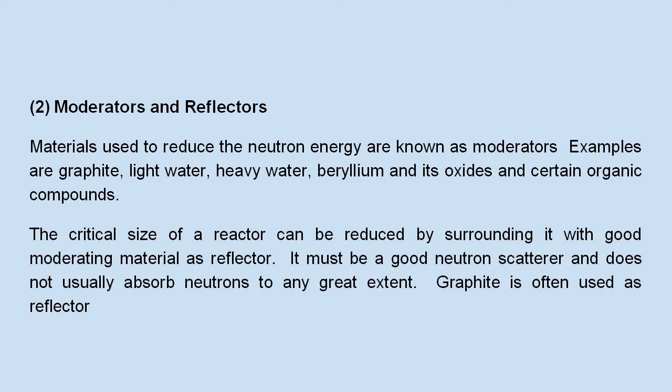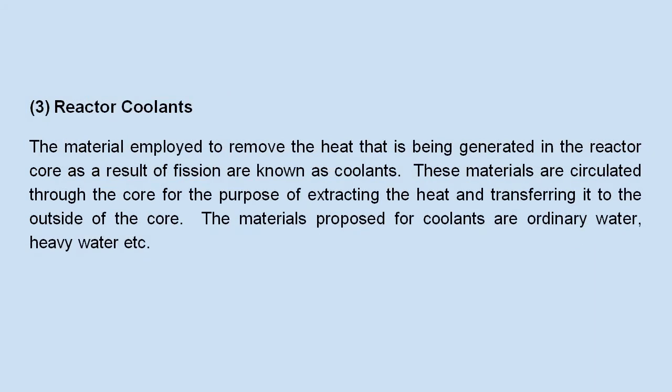So these reflectors are to reduce the loss of neutrons. So it must be a good neutron scatterer and does not usually absorb neutrons to any great extent. Graphite is often used as a reflector.